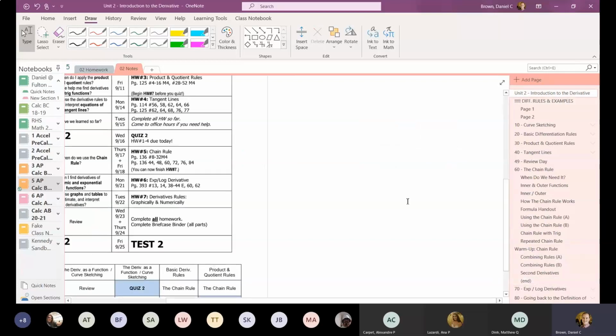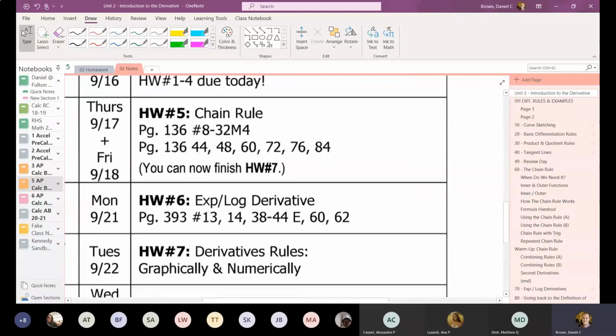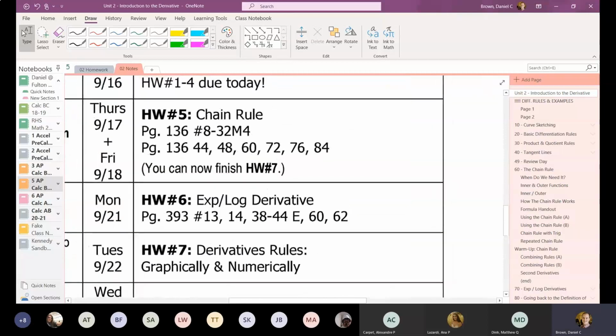Your homework is on the calendar. So you can begin homework 5. It's from the textbook, but it is scanned in and copied into OneNote. Homework 7 will be assigned officially eventually, but I actually have nothing to teach you about homework 7. You can do it if you want to work ahead, or you can also begin working on quiz corrections as well.